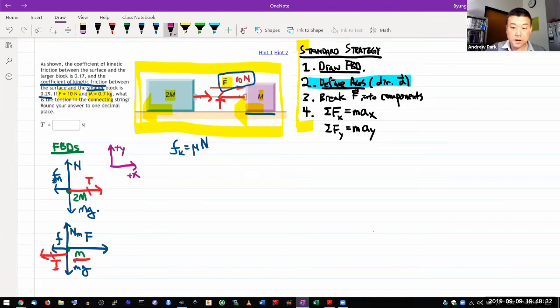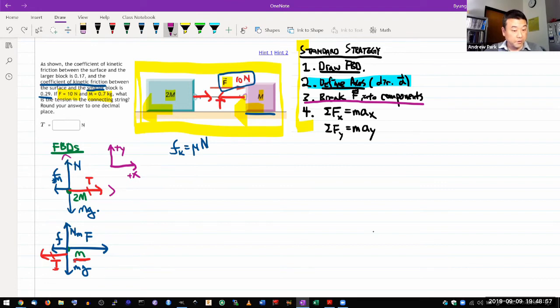This question is quite a bit simpler because there's nothing to break into components. They are all already either along the x direction or the y direction. There's no diagonal direction. But if you find them, as you've seen in some questions earlier, you should be prepared to draw the triangle and break forces into components.